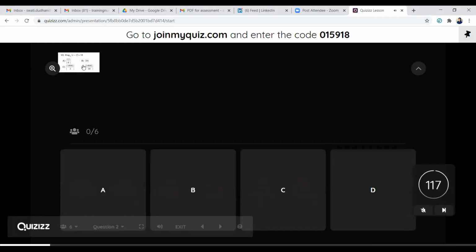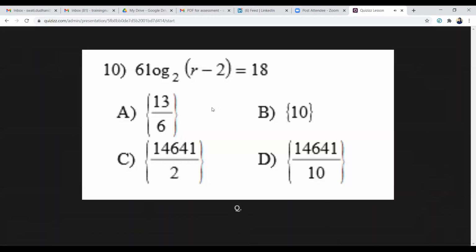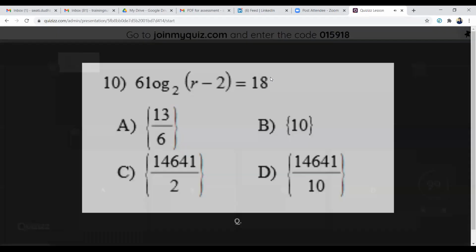You are given an image. You need to find the value of r. It's the same method.